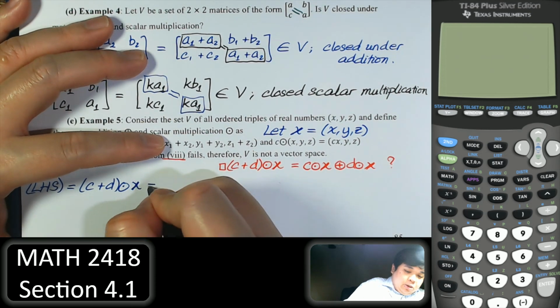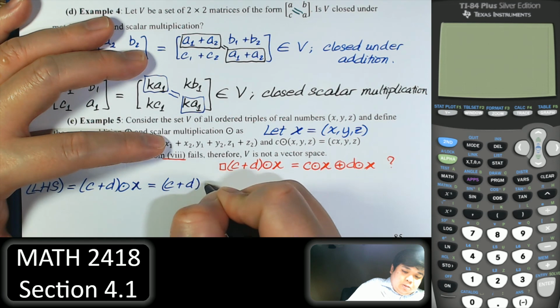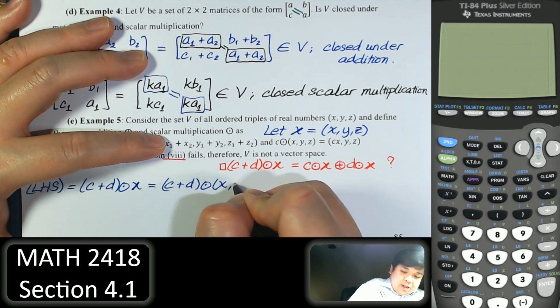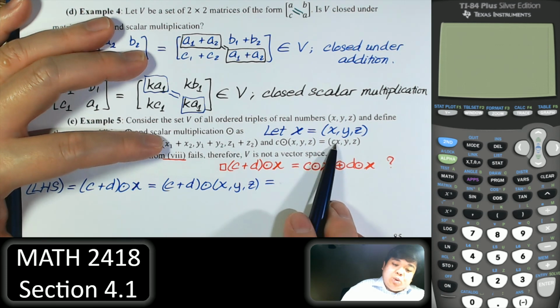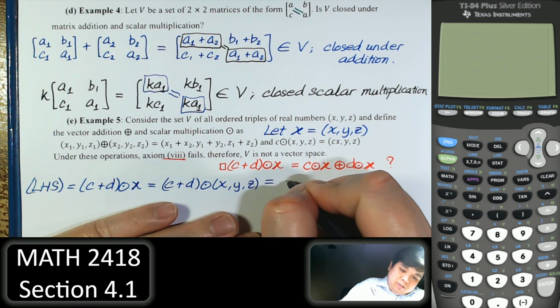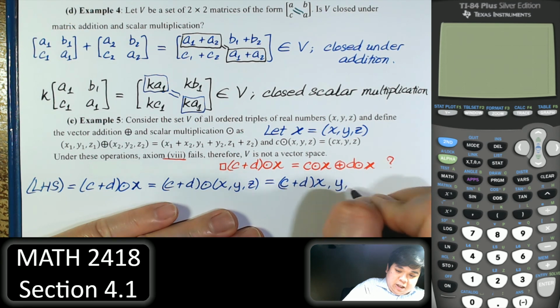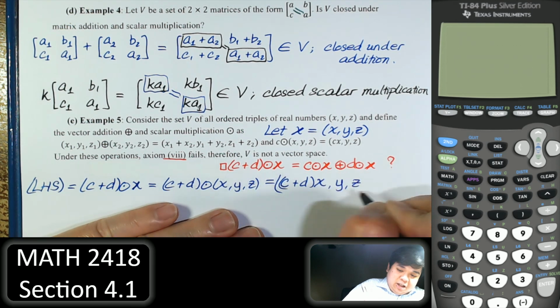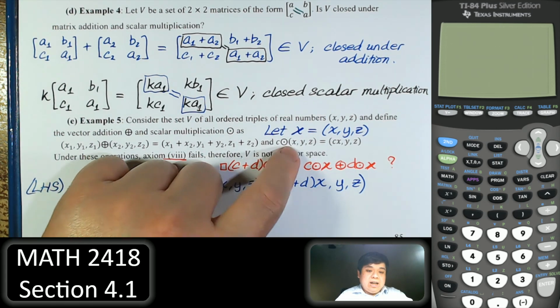Right, so we have C plus D multiplied by the vector XYZ. In this rule, we only multiply to the first component, not the whole thing. So I multiply to the first, and the second and third just stay as is. So that is what we have on the left hand side, using the operation that they give us.